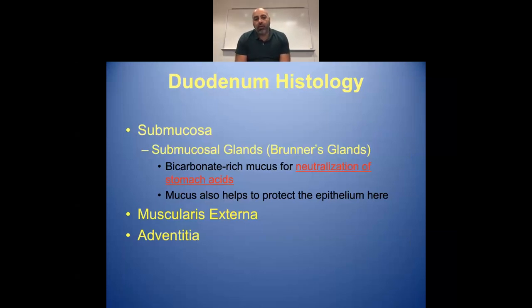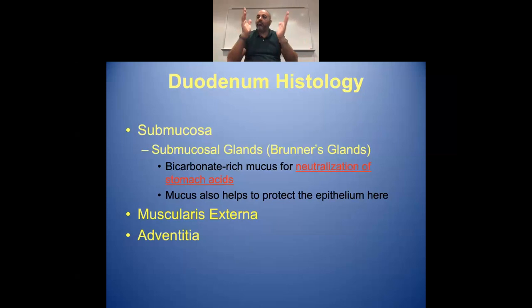All right, submucosa. So we have a unique feature here when we talk about the duodenum. So remember, we have mucosa, submucosa, muscularis externa, either adventitia or serosa. Unique feature in submucosa. Remember the unique features. Here is Brunner's glands. Brunner's glands are unique to duodenum.